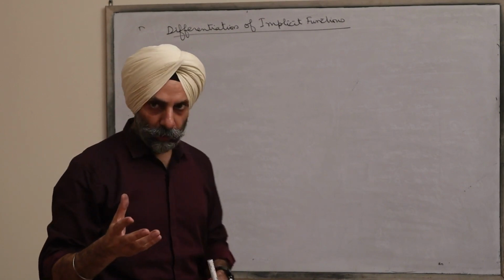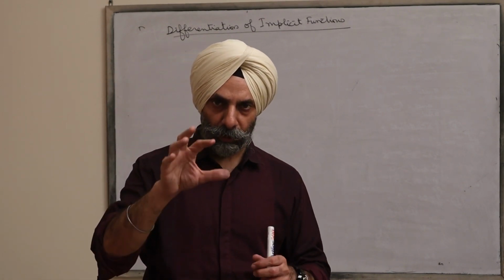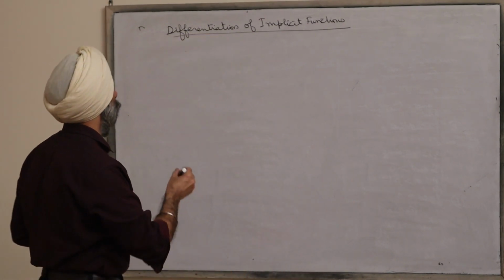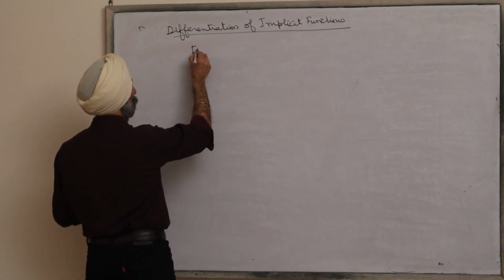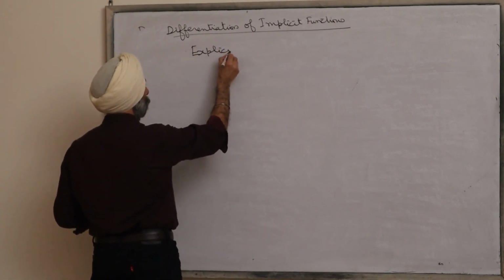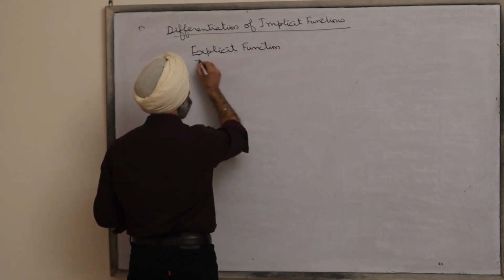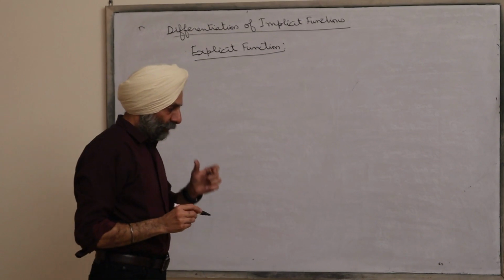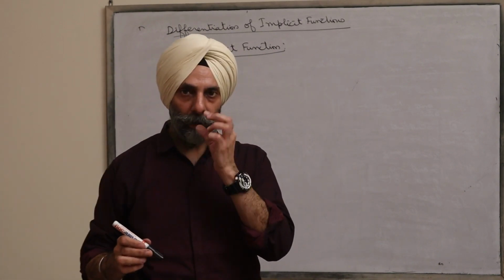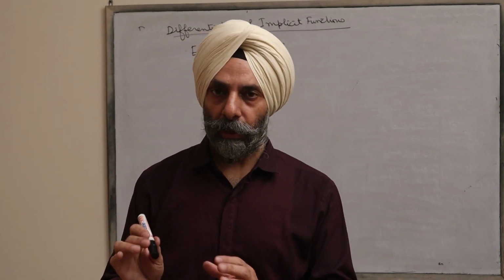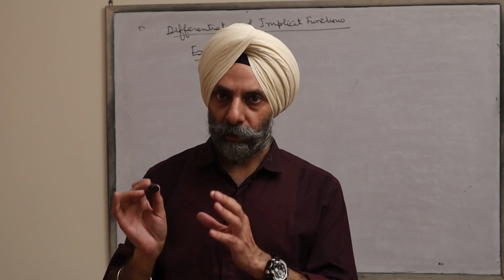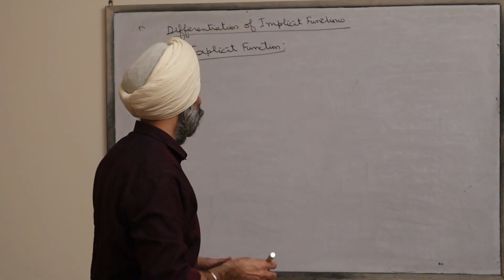Before explaining implicit function, first I will explain what is explicit function. When y is written in terms of x or x is written in terms of y, that type of function is called explicit function.